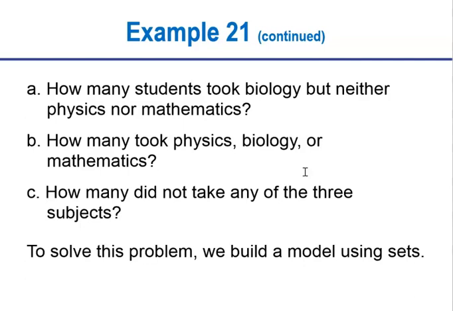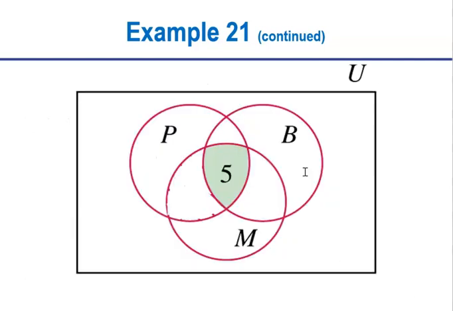Okay. Now, notice what's going on. Ignore the green in the middle. Okay. So notice there is a circle representing physics, there's a circle representing biology, and a circle representing mathematics. Now, back to the green in the middle, the 5. What in the world is that? I've already gotten started on filling in the diagram. Let's go back to our list of information.